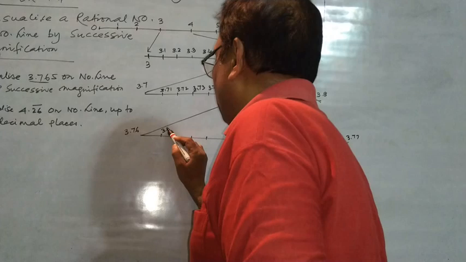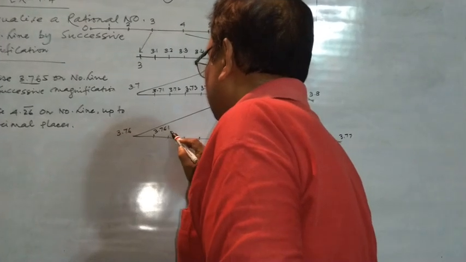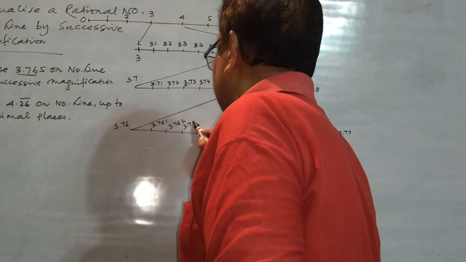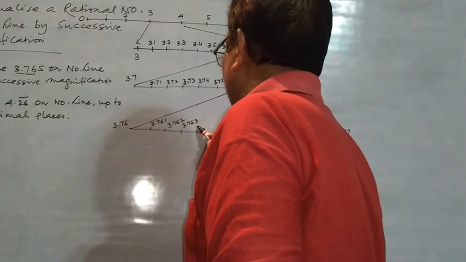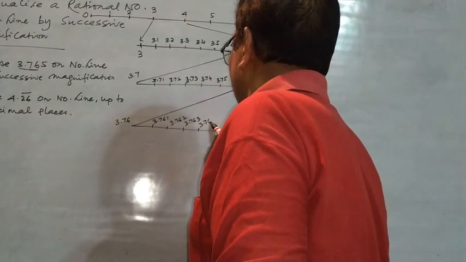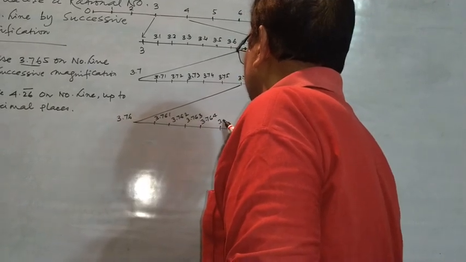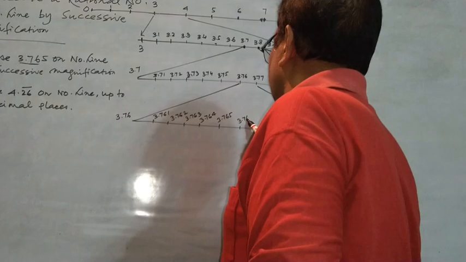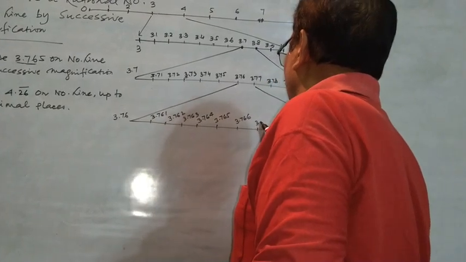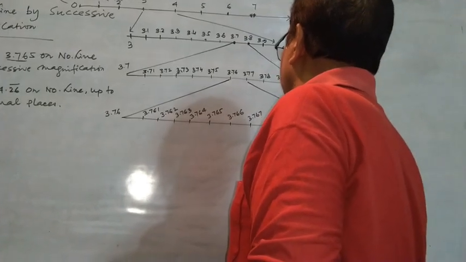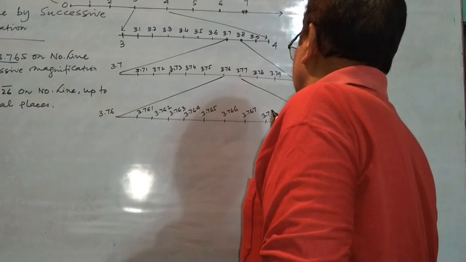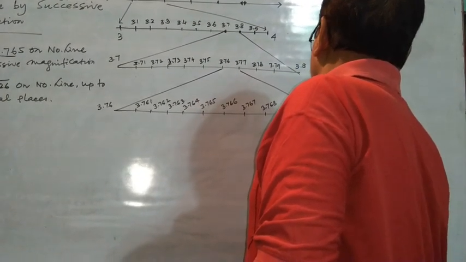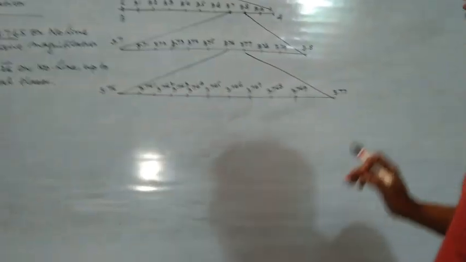Now this is 3.76. Obviously the first part will be more than 3.76. It will be 3.761, 3.762, 3.763, 3.764, 3.765, 3.766, 3.767, 3.768, 3.769 and this one 3.77.